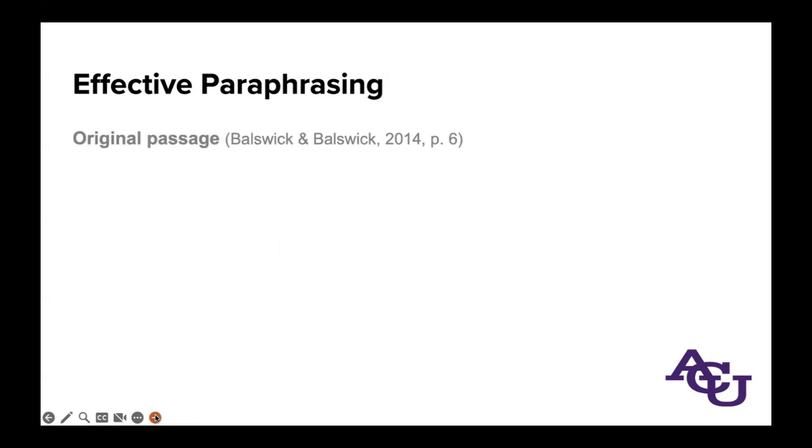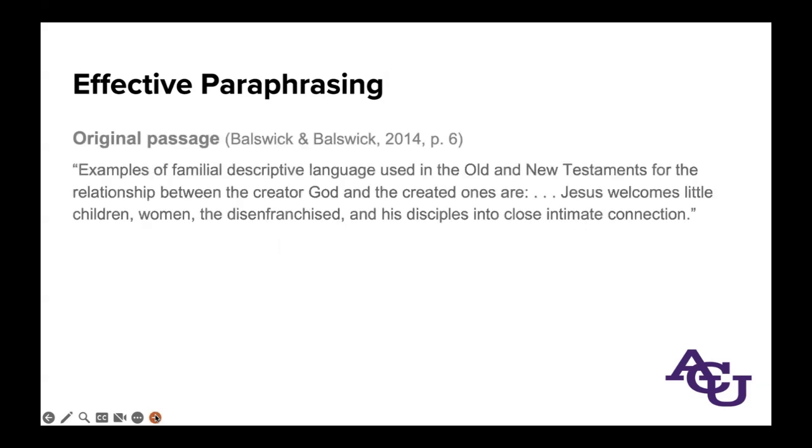This is from Balswick and Balswick, 2014, page 6. So their text says, examples of familial descriptive language used in the Old and New Testaments for the relationship between the Creator God and the created ones are, and they listed a few, and then they said, Jesus welcomes little children, women, the disenfranchised, and his disciples into close, intimate connection.